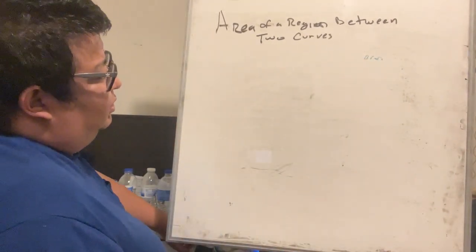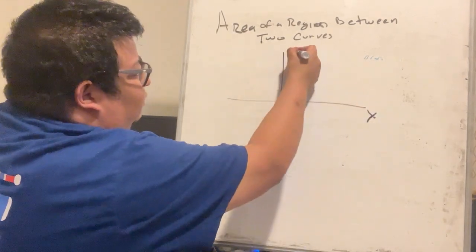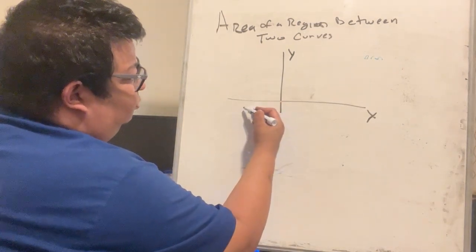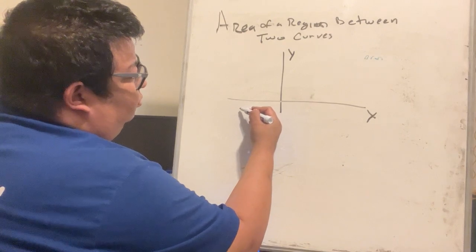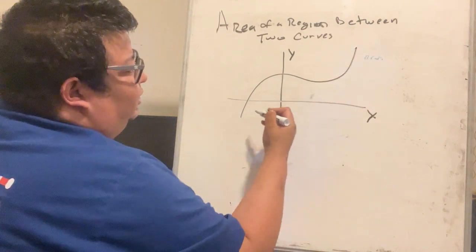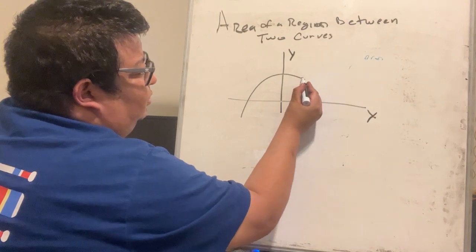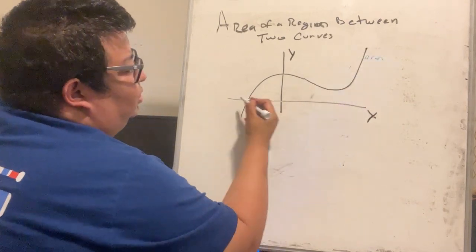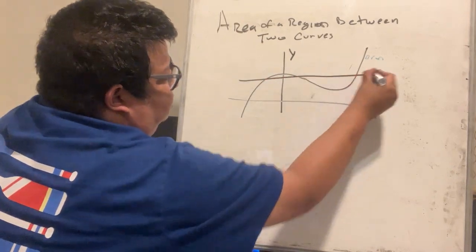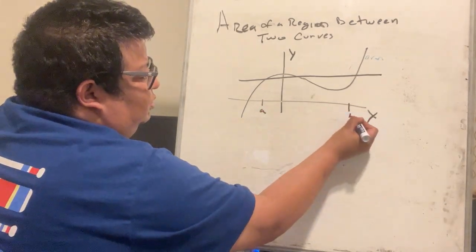So let's say you have your x and your y, and then your graph looks like this. And then you have another graph, another function that looks like this, and you're asked to compute from A to B.